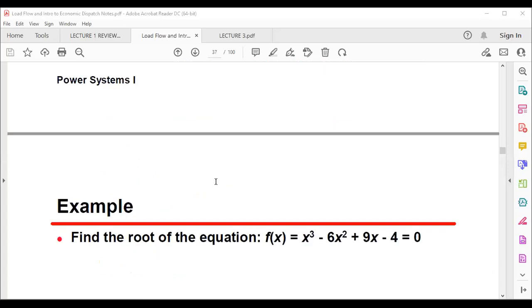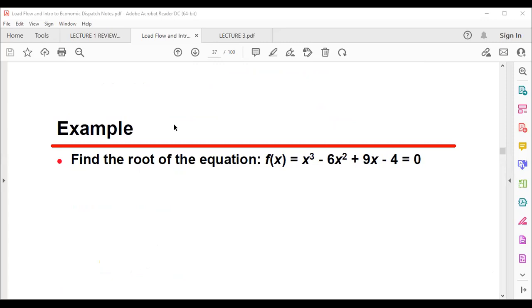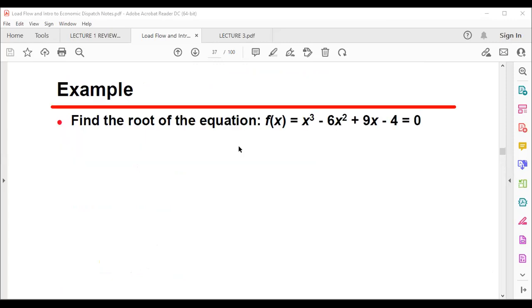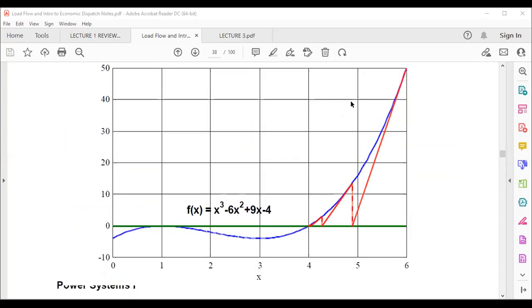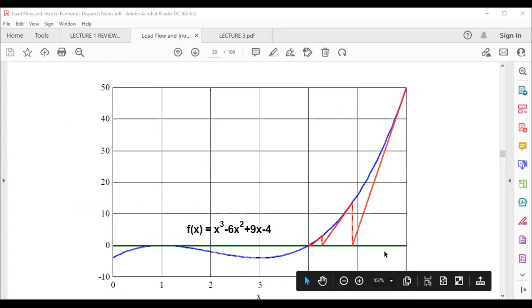So we had this example, and I believe now you are able to utilize the same technique as has been illustrated so that you're able to solve the question. And graphically, this is what happens in Newton Raphson.